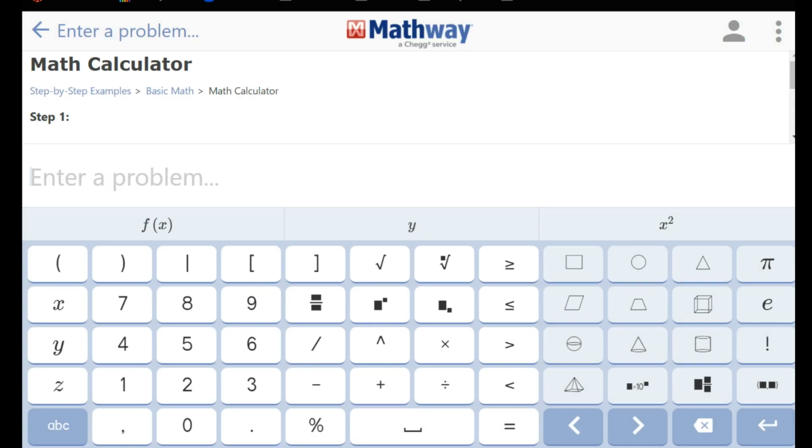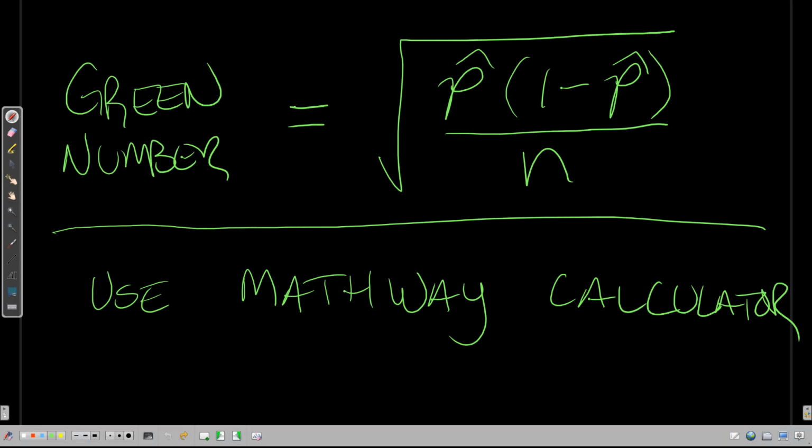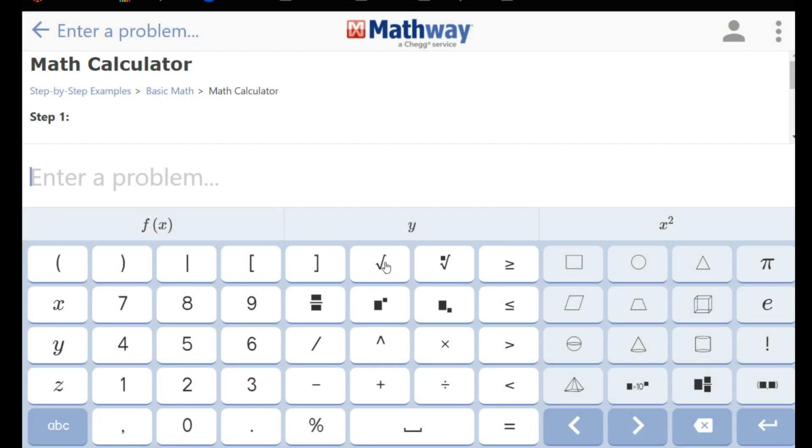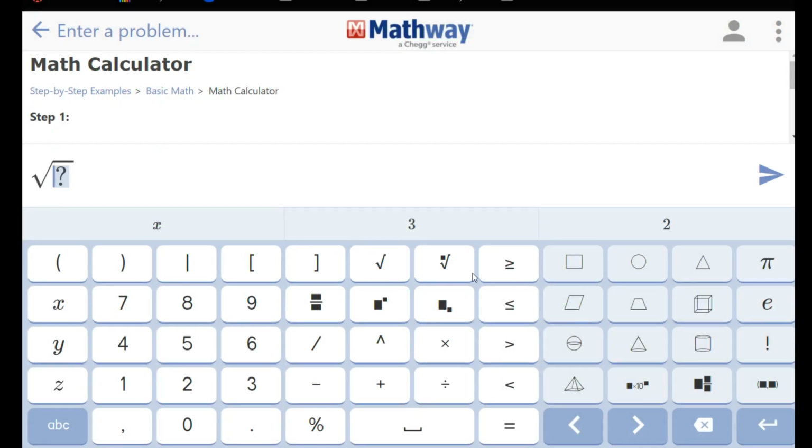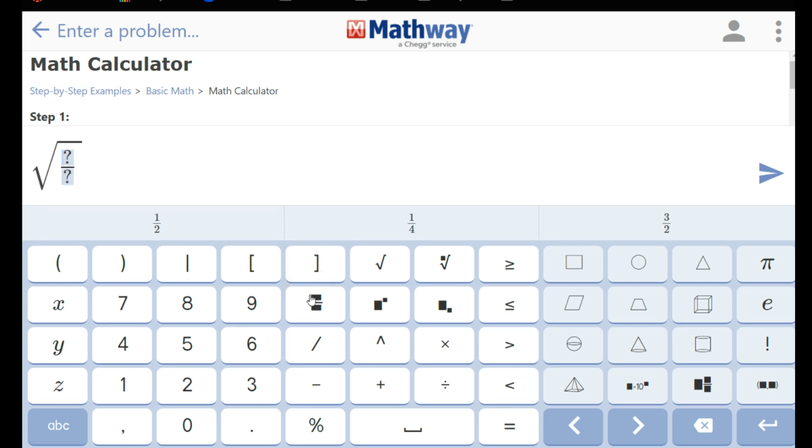So I just Googled Mathway calculator and clicked the link that came up, and now I'm going to type into here that formula. So what was it? Well, at its heart, this thing is a square root of a fraction. So I'm going to build that structure here in the Mathway calculator. So there's a square root, and where is the fraction button? Here. Okay, so that's a square root of a fraction.